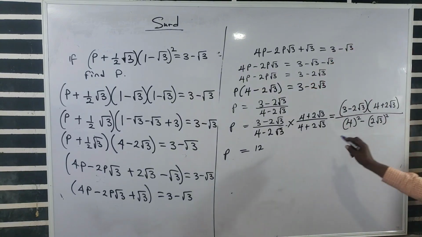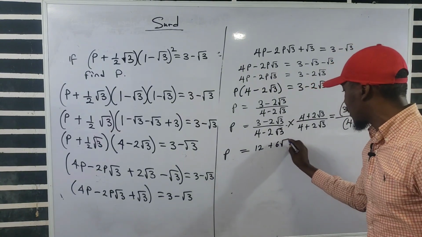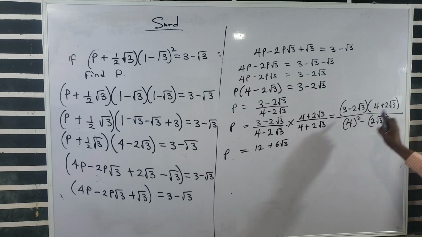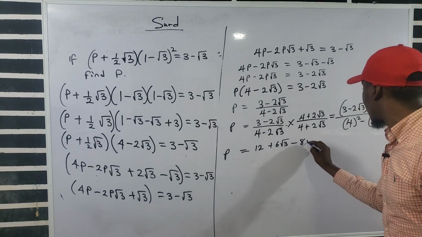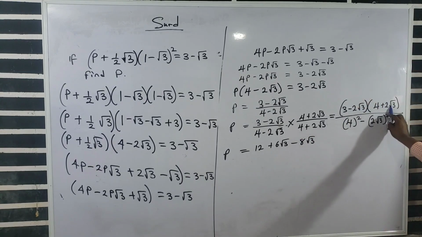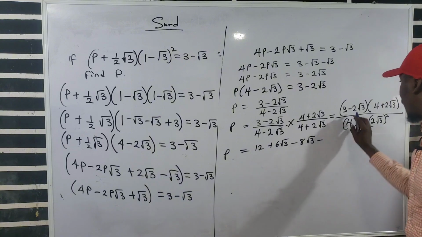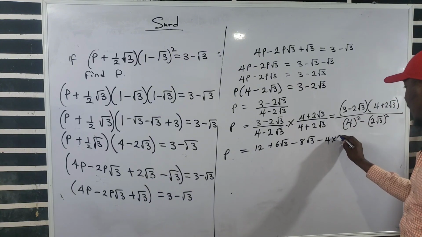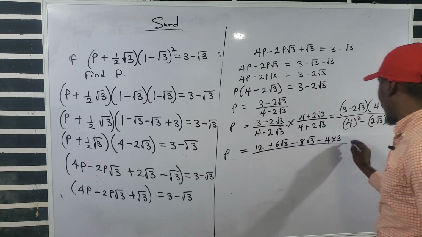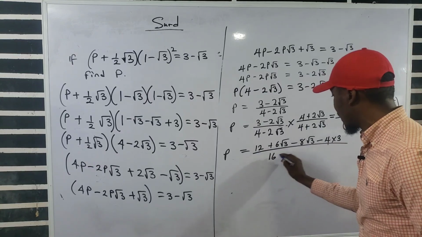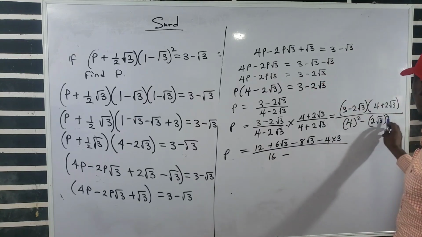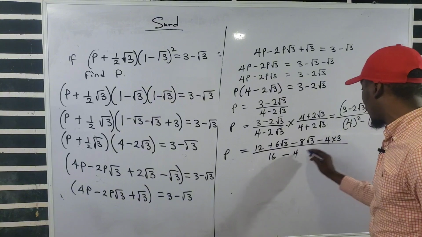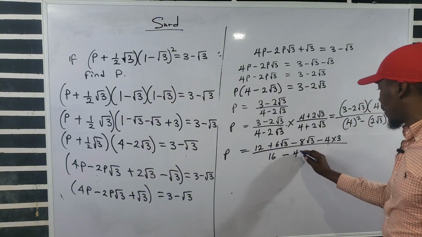This times this will give us plus 6√3. This times this will give us minus 8√3. This times this will give us minus 2 times 2, which is 4, so √3 times √3 will give us 3, all over this square, which will give us 16 minus 2 squared, which is 4, and so √3 squared will give us 3.